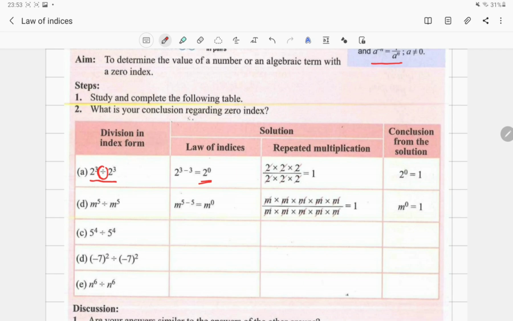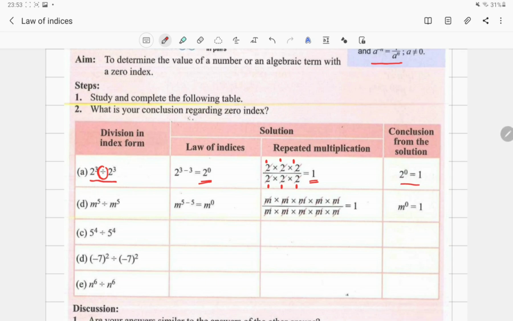If we use repeated multiplication, we get this answer: 2 divided by 2 is 1, 2 divided by 2 is 1, 2 divided by 2 is 1. So the answer is 1. Therefore, the conclusion we can make here is that when 2 to the power of 3 is divided by 2 to the power of 3, we get 2 to the power of 0.